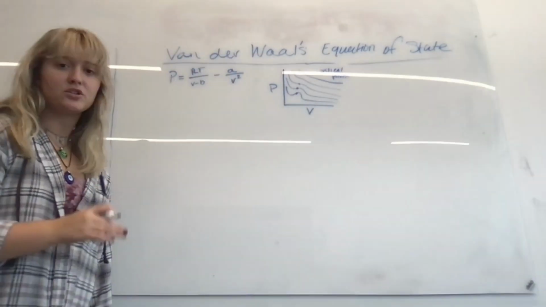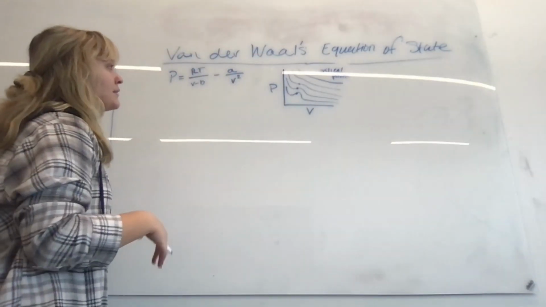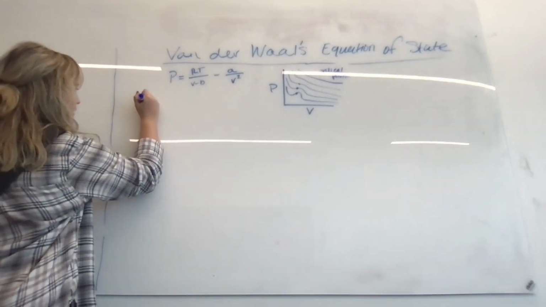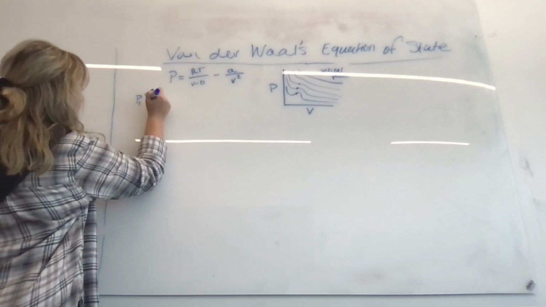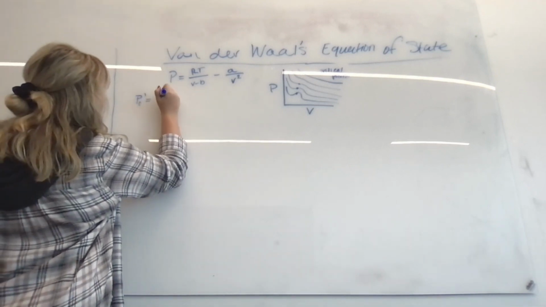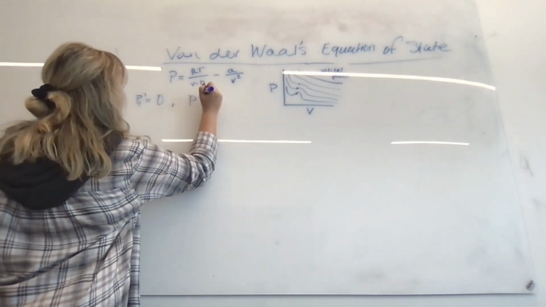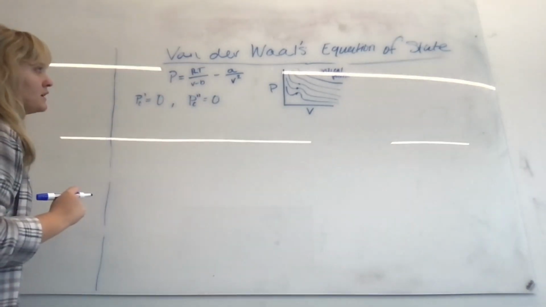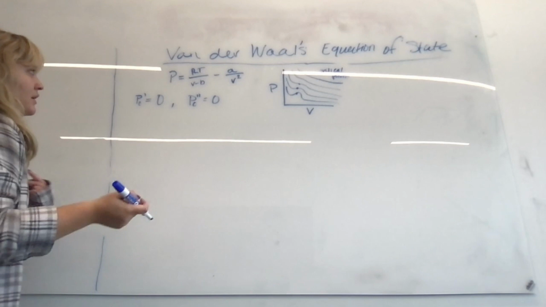Now, because this critical point is located at a point of inflection, we can write our first derivative as equal to 0, and our second derivative of the critical pressure is equal to 0. So now let's go ahead and write those out.